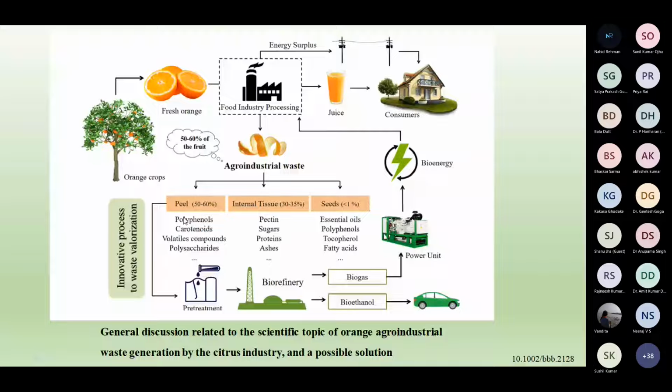Polyphenols, carotenoids, volatile compounds, polysaccharides are isolated, and from the internal pulp, pectin, sugar, protein, and then converted to ash. From seeds, essential oils, polyphenols, tocopherols, and fatty acids are separated out.